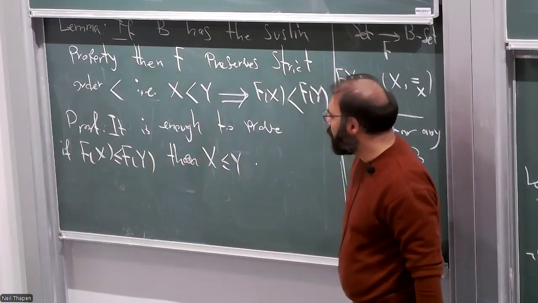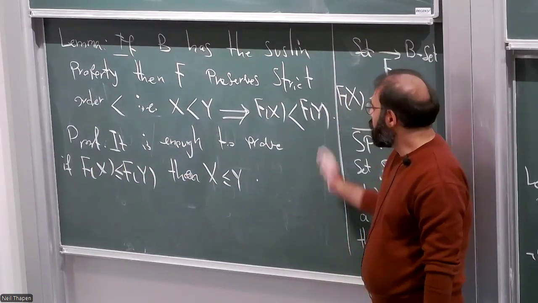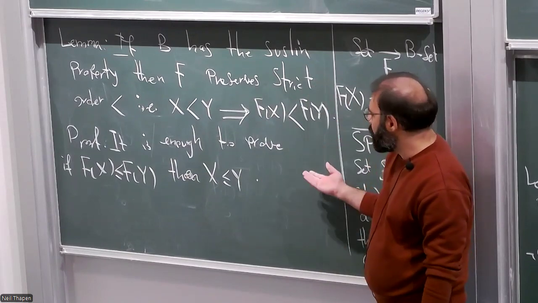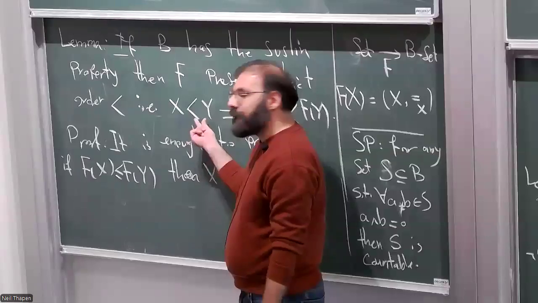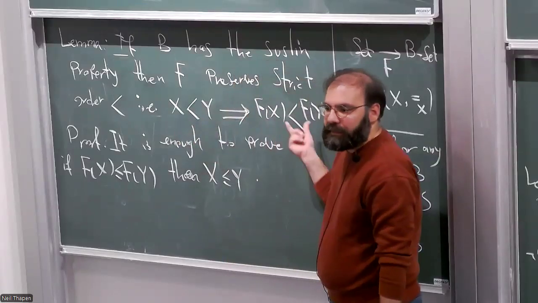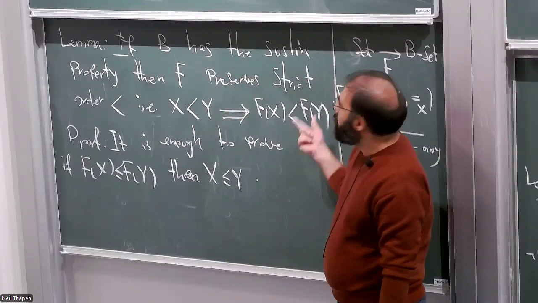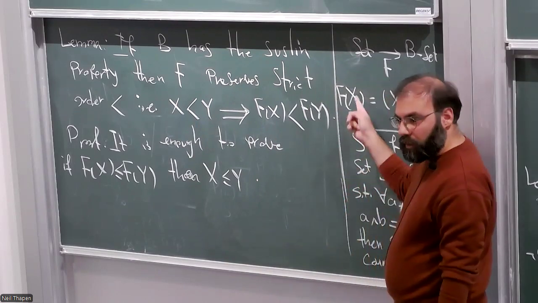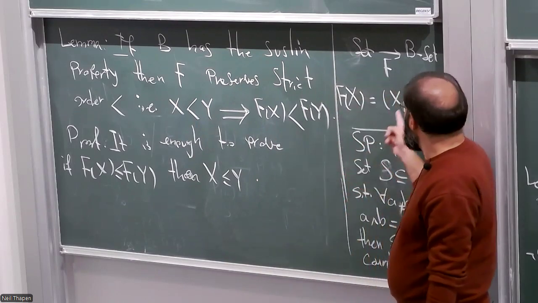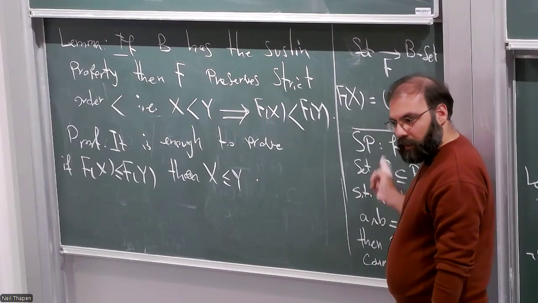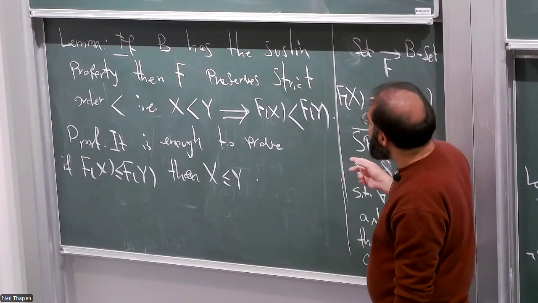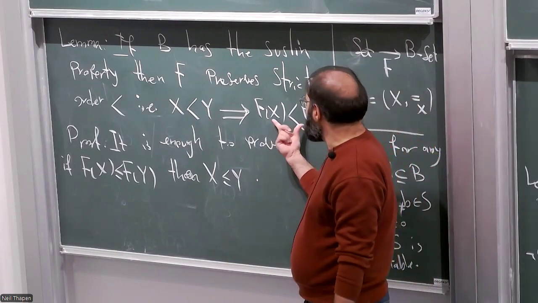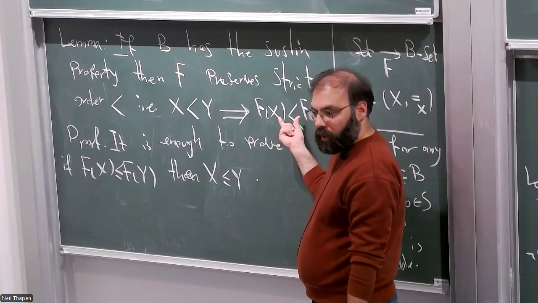Is it really? I want to show that it reflects. Of course, right? Because if x is less than or equal to y, of course F of x is less than or equal to F of y, simply because this map from x to y is 1 to 1, and then it is easy to see that this map is monic. So that's it. Then let's say that this is not an inequality, they are isomorphic.